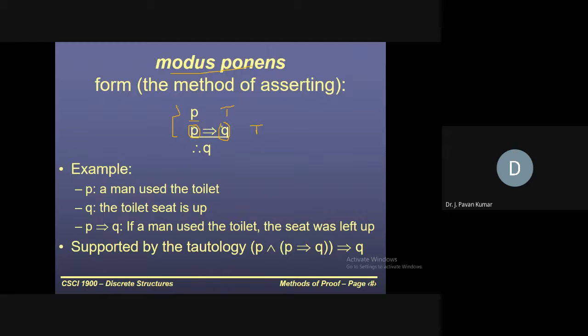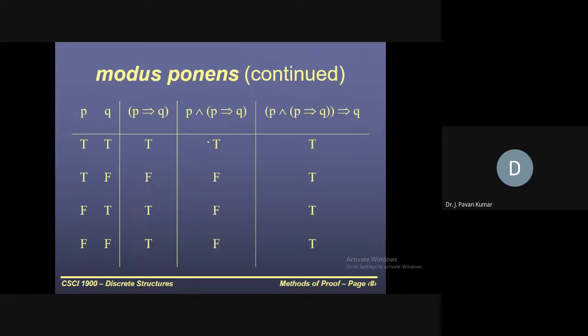If P is true and P implies Q is true, then Q must be true. That's why the conclusion is Q. So this is modus ponens, and it can be observed in the truth table method as well. When we obtain a truth table, we will get a tautology for this.